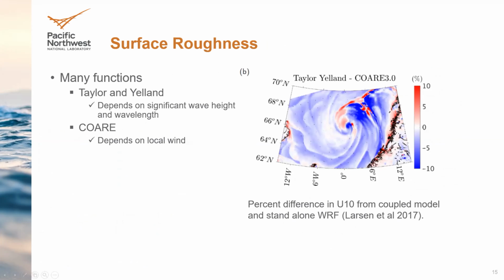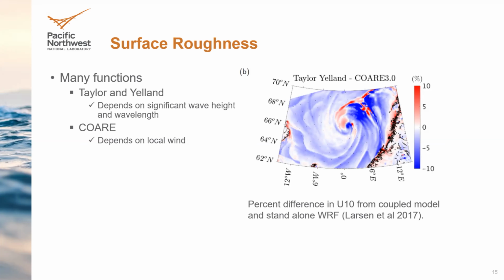And in terms of what it means for the wind per se, if that's a parameter of interest, that's still an area of active research. And here's an example of the percent difference in the 10-meter wind speed if you consider waves and do not consider waves. So the Taylor element considers surface roughness based on waves.